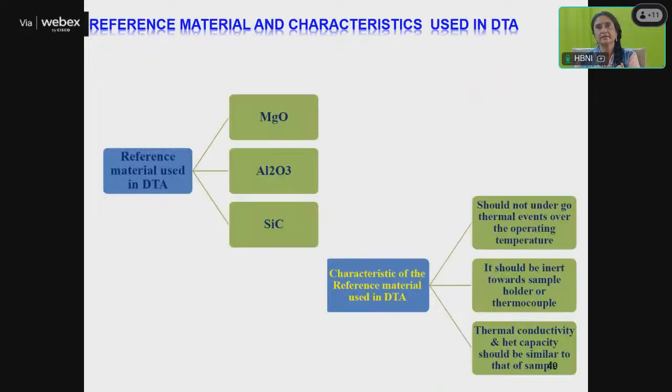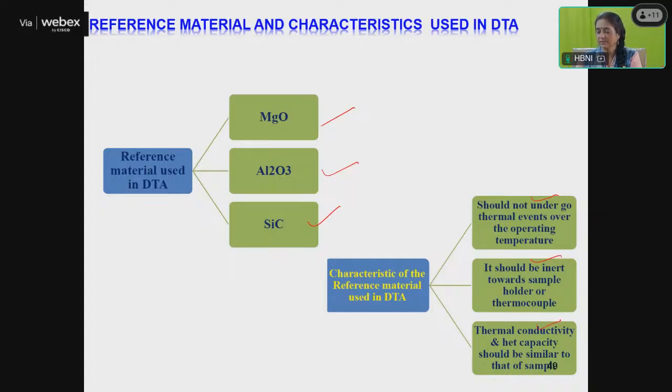Now what can be used as reference material? I have given it here: magnesium oxide, aluminum oxide, or silicon carbide. These are the typical reference materials used in DTA. And the characteristics of the reference material used in DTA: it should not undergo thermal events over the operating temperature. It should be inert towards the sample holder or thermocouple.